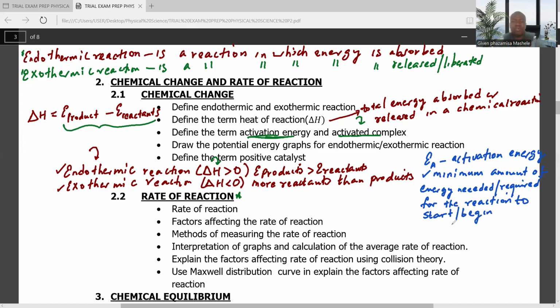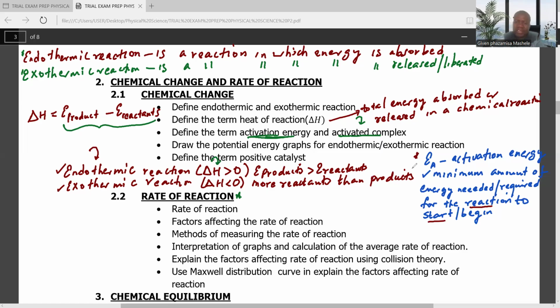So that minimum amount of energy that is needed for the chemical reaction to start is called an activation energy. These are the terminologies that a learner should be able to understand when we're dealing with chemical change.